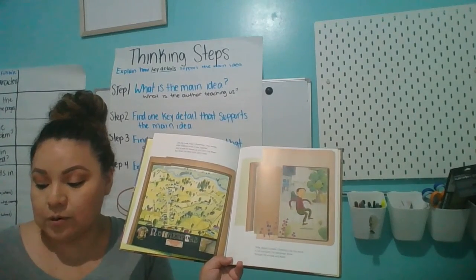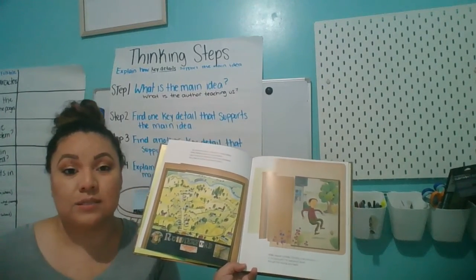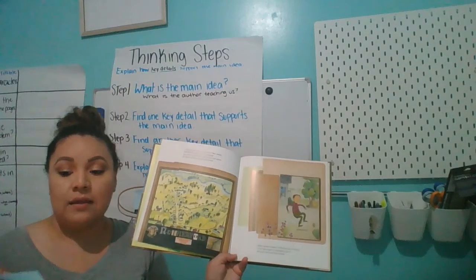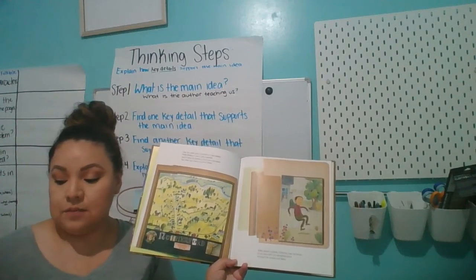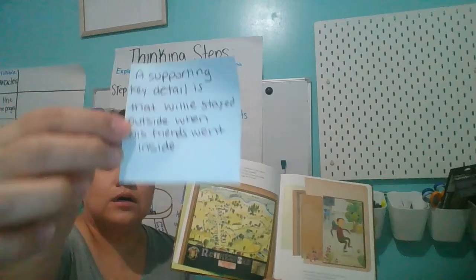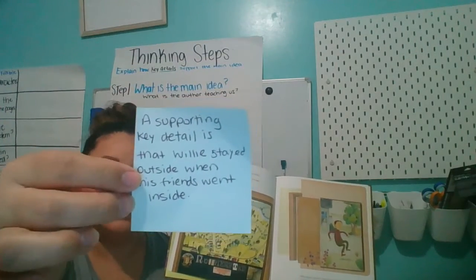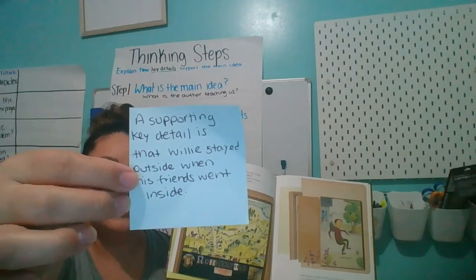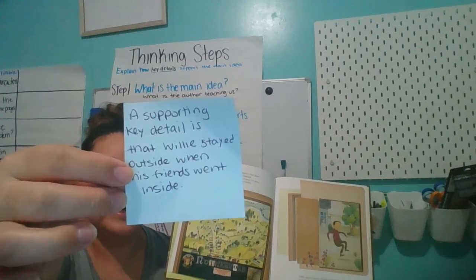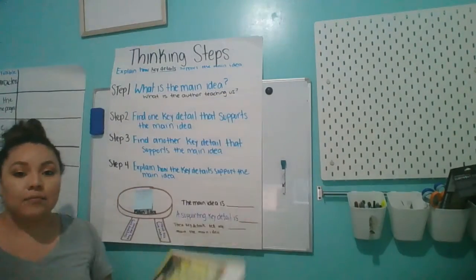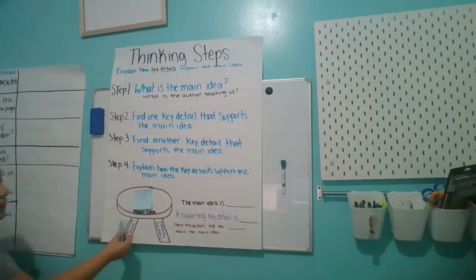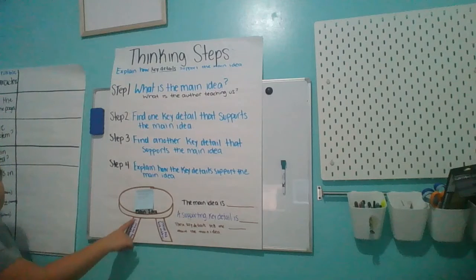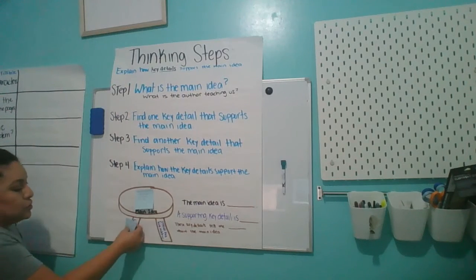That is an important key detail that supports my idea that Willie loves to be outside. So a supporting key detail is that Willie stayed outside when his friends went inside. And I'm going to place my sticky in one of the supporting key detail legs of my stool.